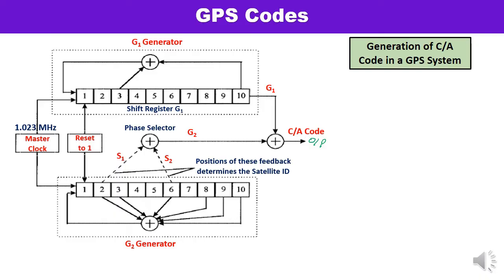The C/A code transmitted by a GPS satellite consists of 1023 bit Gold codes, and the GPS C/A Gold codes are created from two 1023 bit M sequences, G1 and G2.